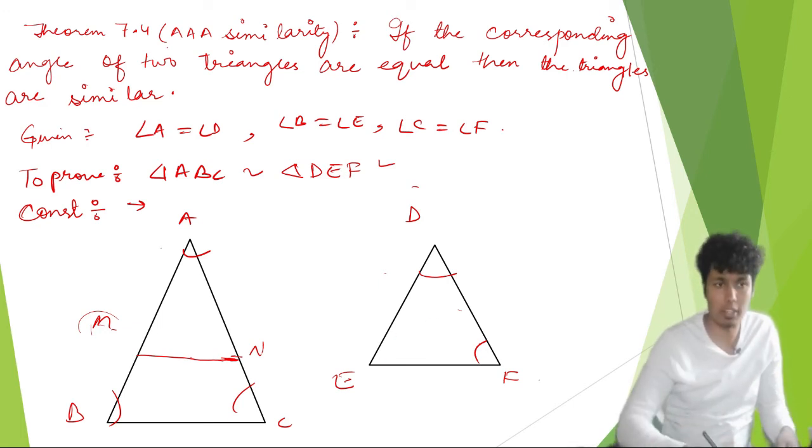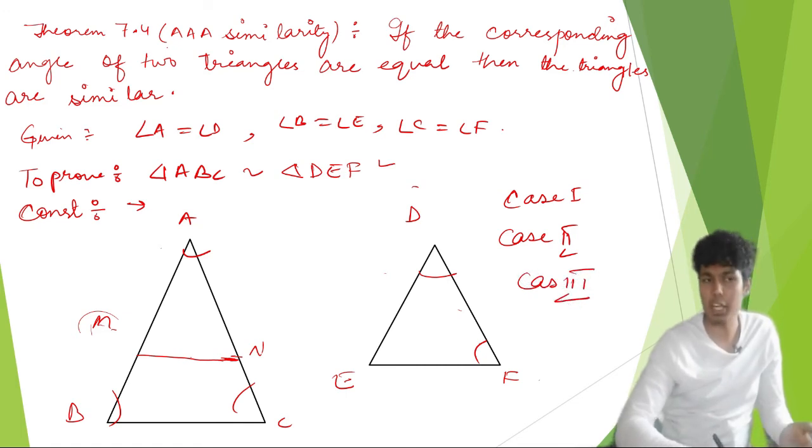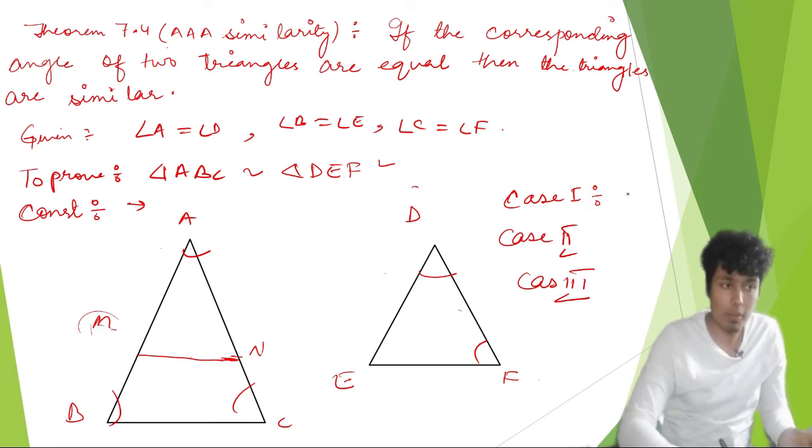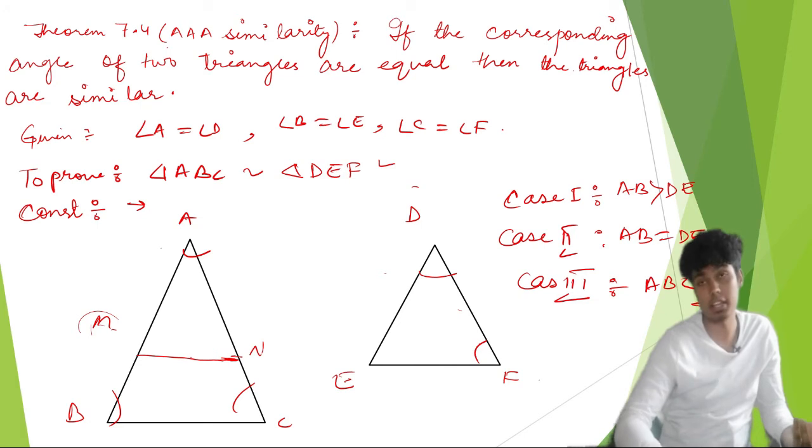There are three cases remaining, so this question can be discussed in three cases: case 1, case 2, and case 3. Angles are equal but sides may not be equal. AB may be greater than DE, or AB is equal to DE, or AB is less than DE. So three conditions are possible.